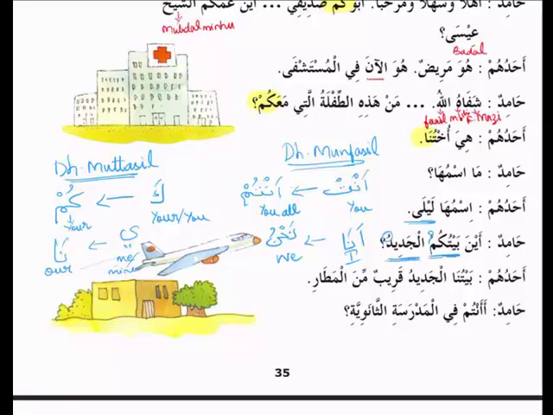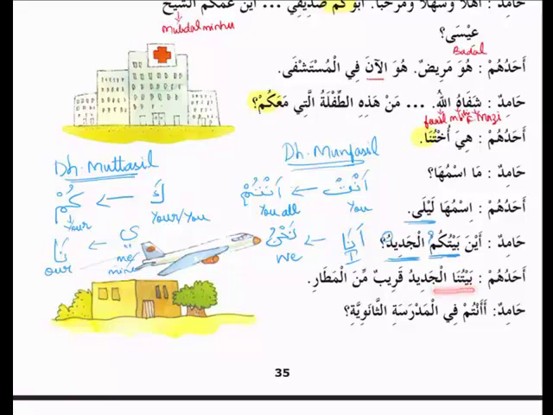Ahaduhum, one of them said, Baitun al-jadidu qaribum min al-matar. Our new house is near the airport. You can just say it is near the airport or near from the airport.